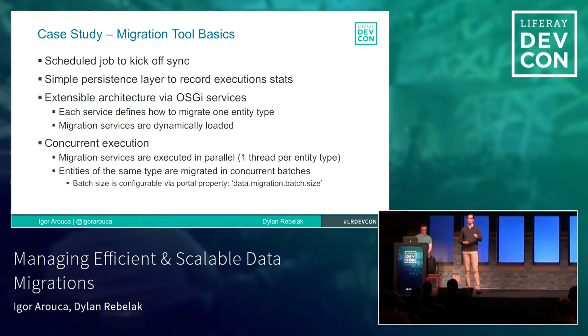The other key component of this, we implemented in XP this time, so we could leverage all the nice things about OSGi. We are using OSGi services to inject all the classes that transform the data.